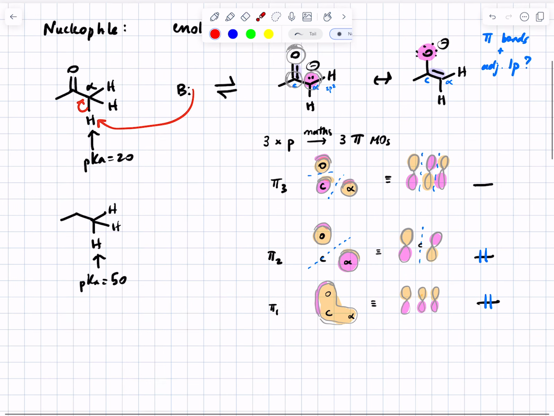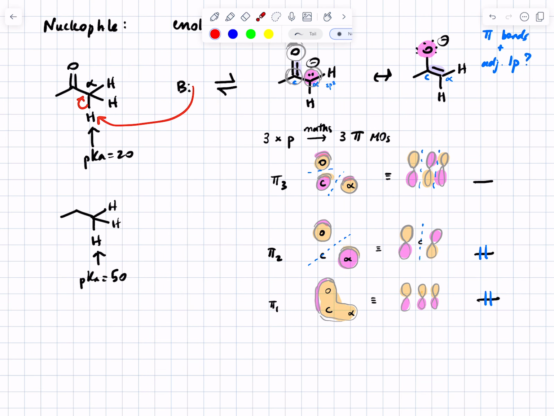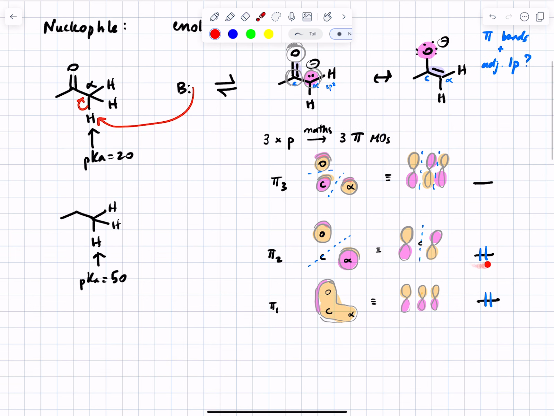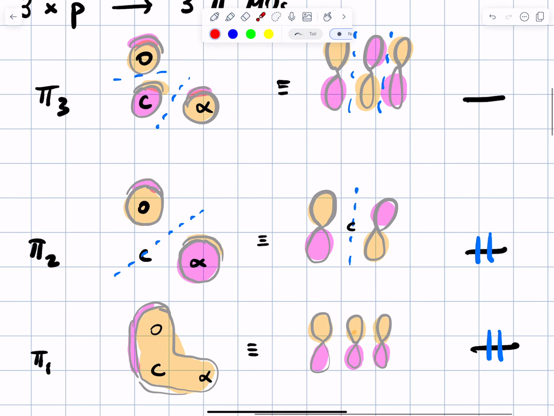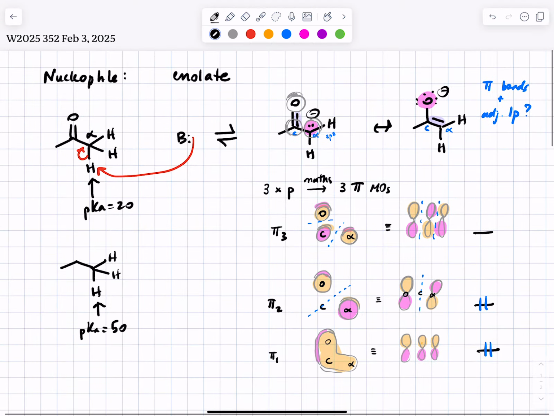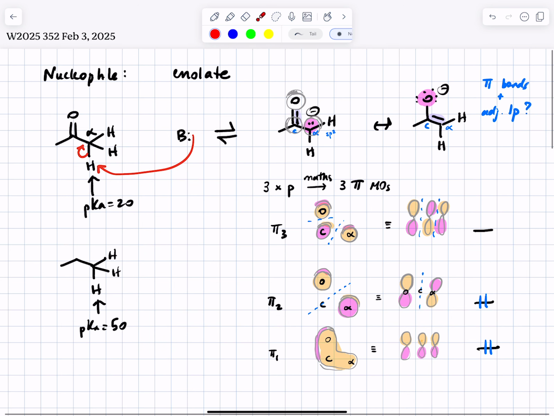And what this tells us is the MO picture is complementary to the resonance picture. Notice that the highest energy electrons in the MO picture are the ones that are delocalized on the oxygen and on the alpha carbon, but never on the carbonyl carbon. And notice that that's what resonance tells us too.